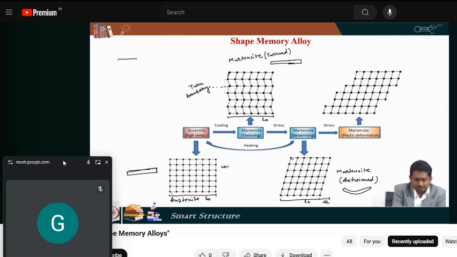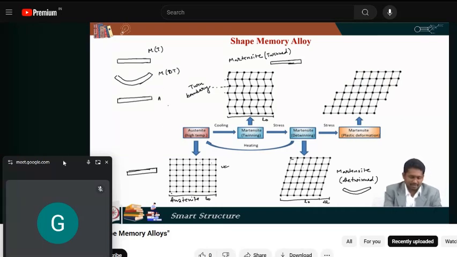So we started with this kind of material, which was twinned martensite, and then we deformed it, and that is detwinned martensite, and then we applied heat to it and it becomes austenite. As we know, macroscopically austenite and martensite look the same.